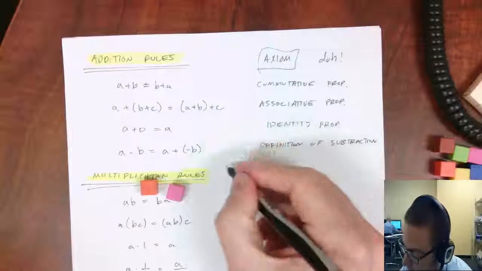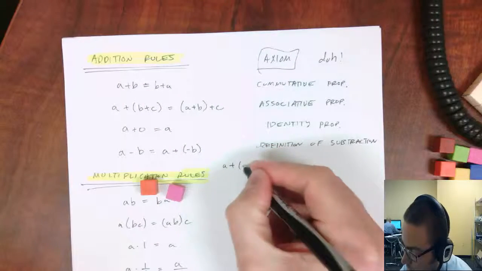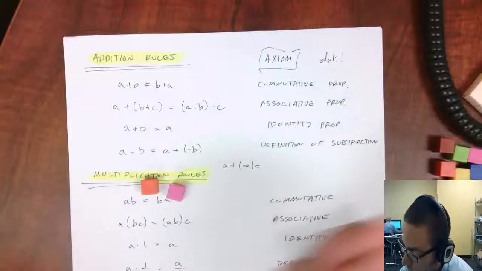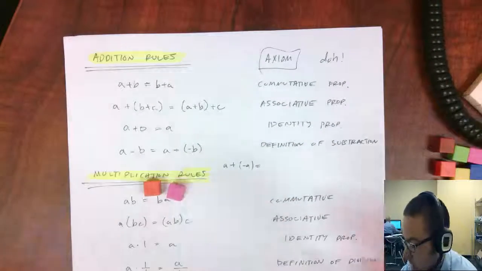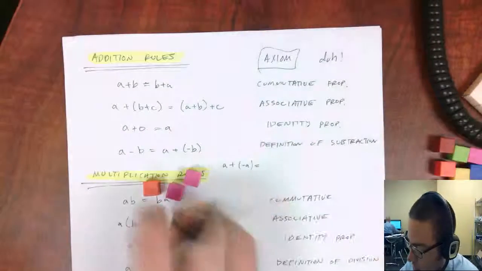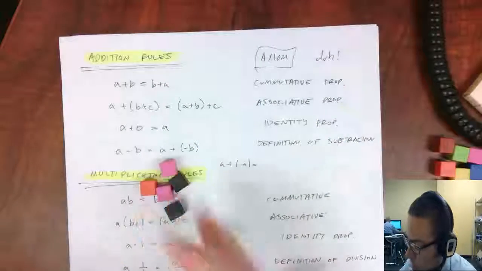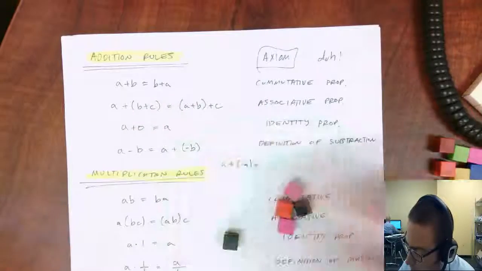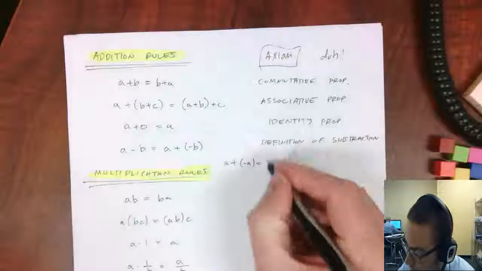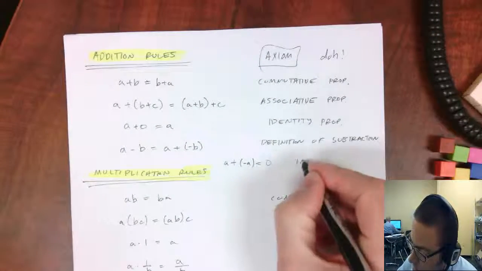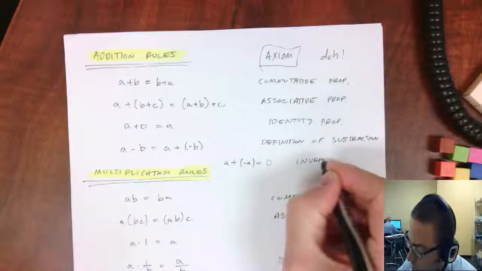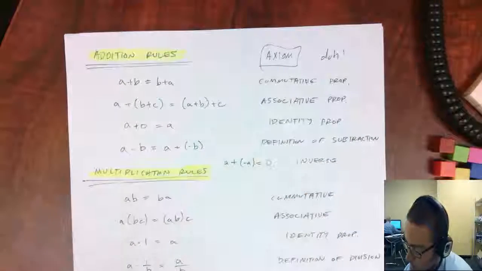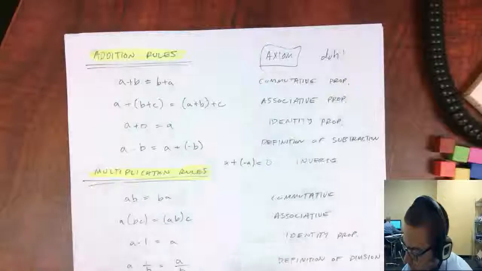There's the inverse property, where a plus the opposite of a is equal to what? If I had any number, 2, 3, 4, 5, whatever number, and I took the opposite of that number and added it to this, it's like taking away 5, I end up with nothing. So this is 0. It's called the inverse property. And it's just a little review of addition.